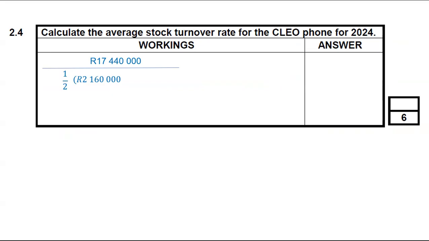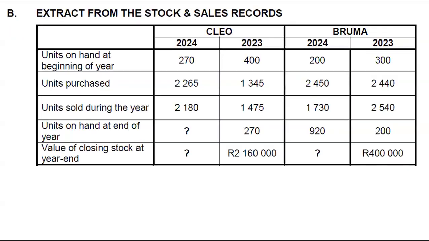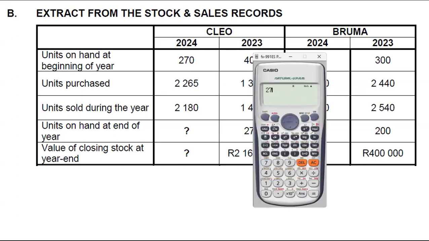Where did we get it from? You took 270, you multiplied it by 8,000. What do you get? 2,160,000. You see? Nice, ne?